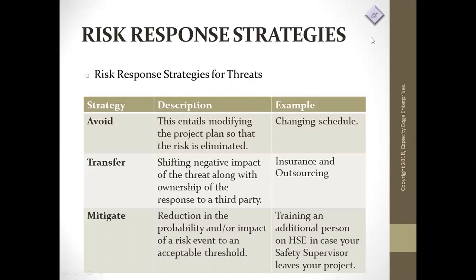So a typical example of this could be that in the course of executing your project, you may want to hold what we call a team building activity, which could be in the form of a picnic for your team members. So the risk that could occur that can make that activity fail could be rainfall, for example.